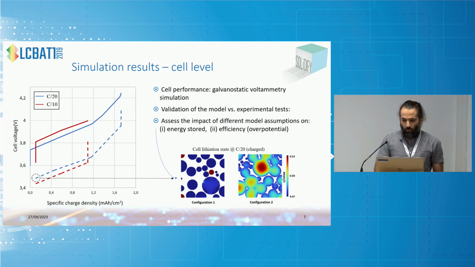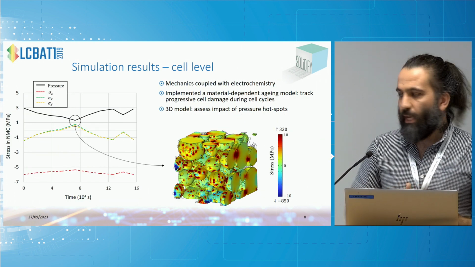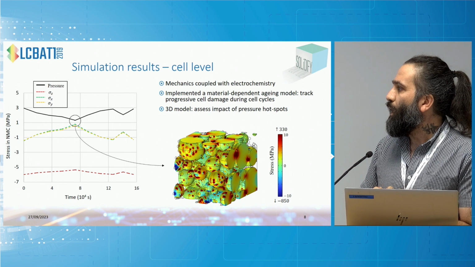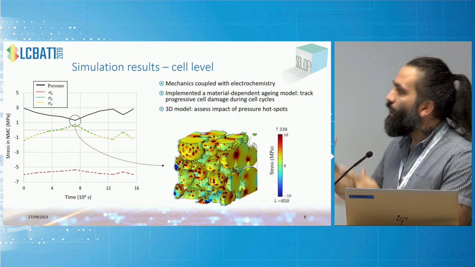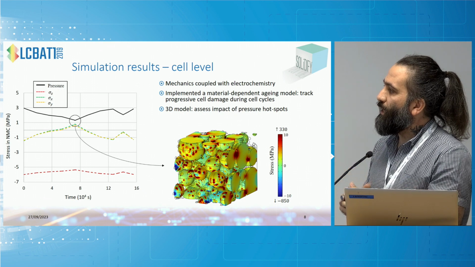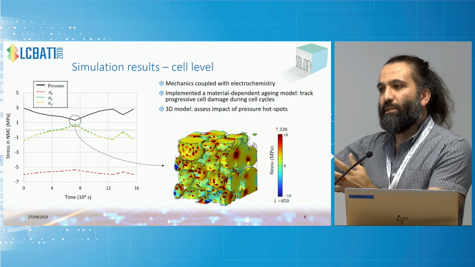Yeah? So this is a good way to look at it. And also you can, for sure, look at how the different stress components in your electrodes are evolving during lithiation and delithiation.